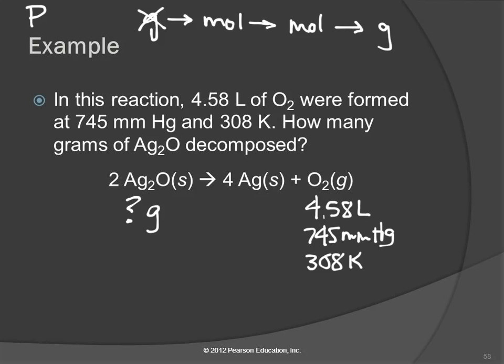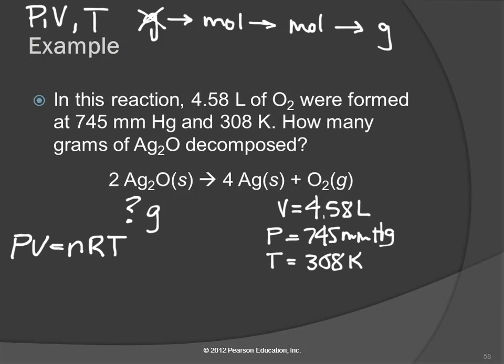Here we've got pressure, volume, and temperature of a gas. And we're going to use that information to calculate the moles of the gas. So to do that, we need to use the ideal gas law. So this is our volume, this is our pressure, and this is our temperature. PV equals nRT.